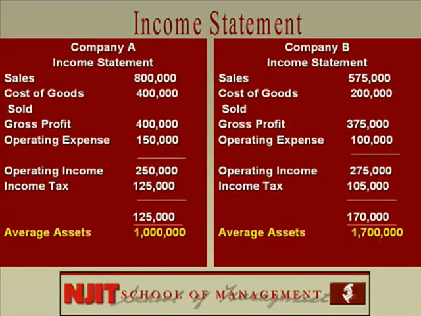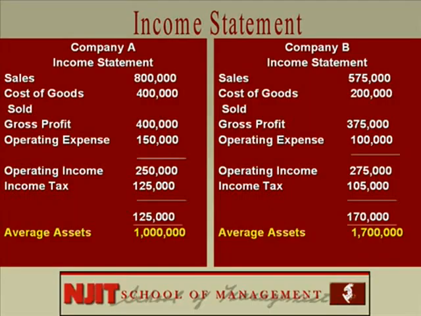Now, let's start. What was your conclusion? You can see that company B is larger and has more profit. Company A is smaller and has lower profit. Did you go with company B?